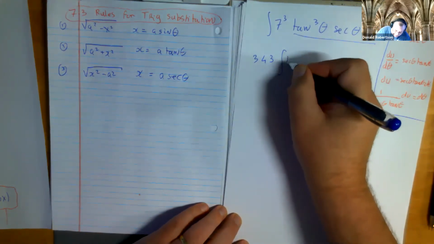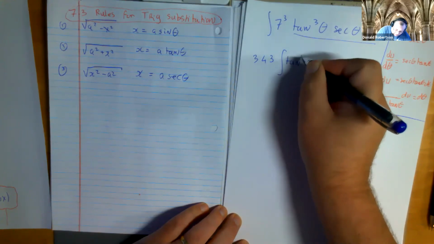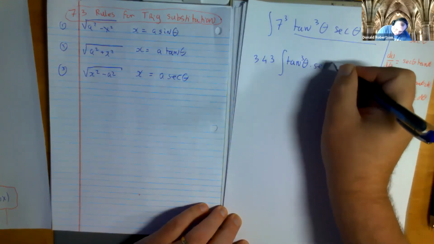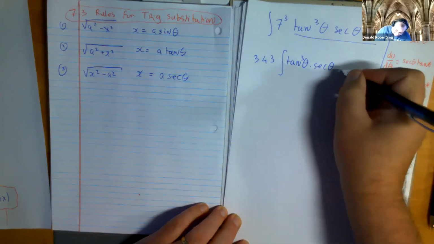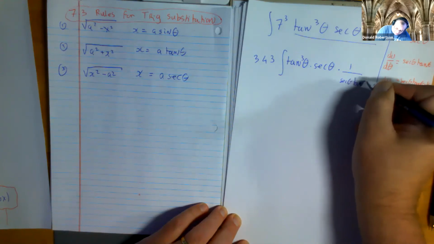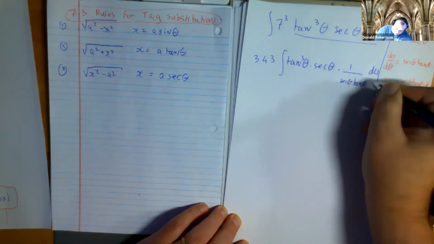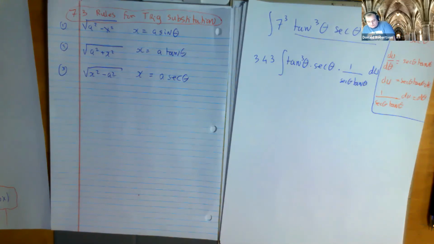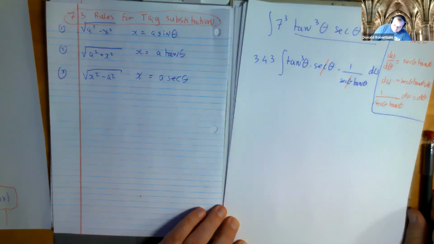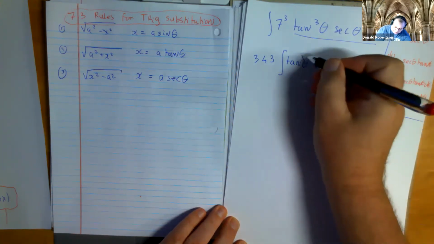So I have right now tan cubed theta, secant theta, 1 over secant theta tan theta, du. Have you noticed that I didn't turn that guy into a u yet? It's sometimes a good idea just to leave things alone for one line. Because now I get to see something much more interesting. Do you see that these two cancel? And doesn't this one partially cancel?